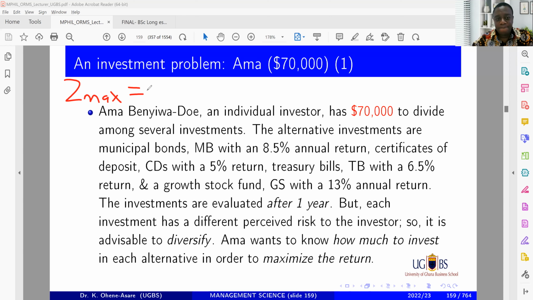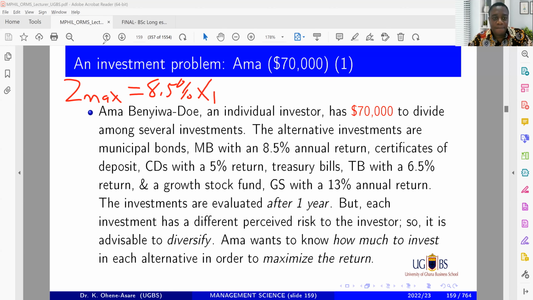Thank you. Z max equal to 0.085. Okay, so Dora, let me ask you, is there a problem if somebody should write Z max equal to 8.5% X1? Is there any problem if you write that?